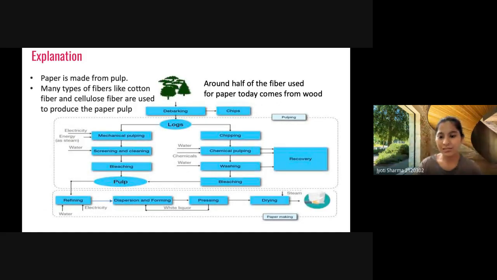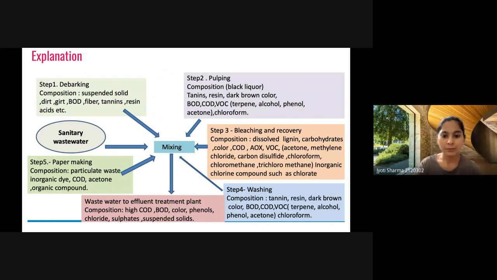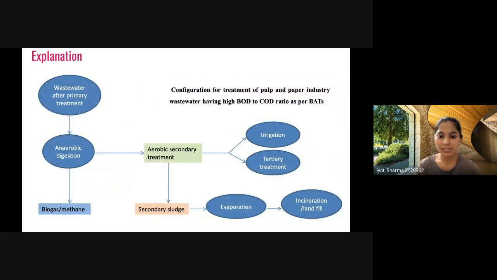This is the process of how we can manufacture the paper, and then what kind of waste it will produce. These are just to show you the slide and how we can treat the wastewater that will come from the pulp and paper industry. Very much similar.